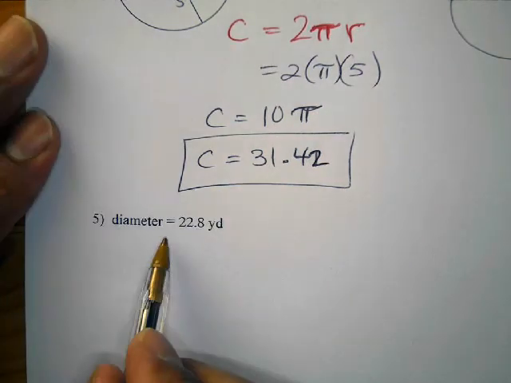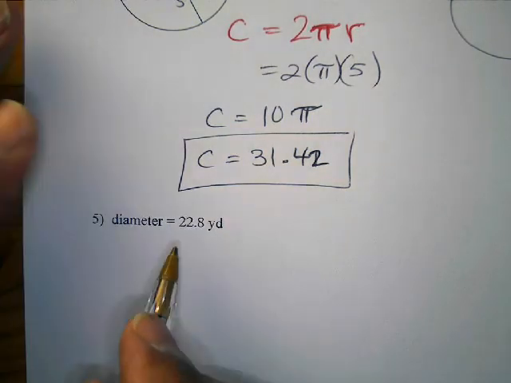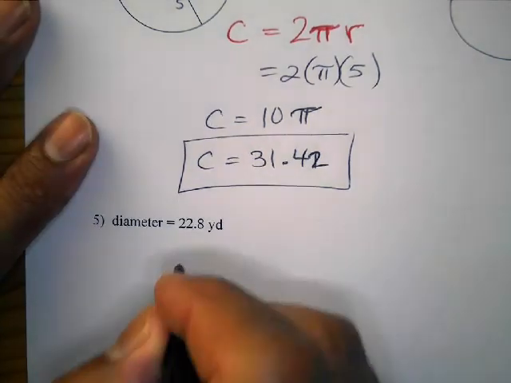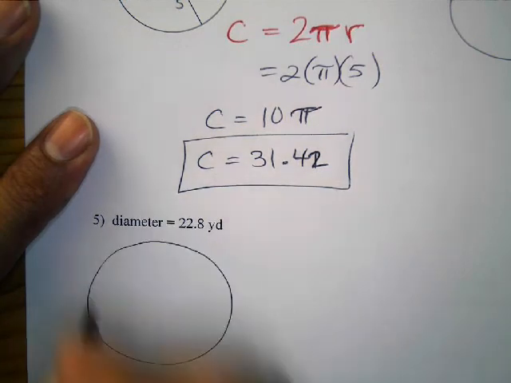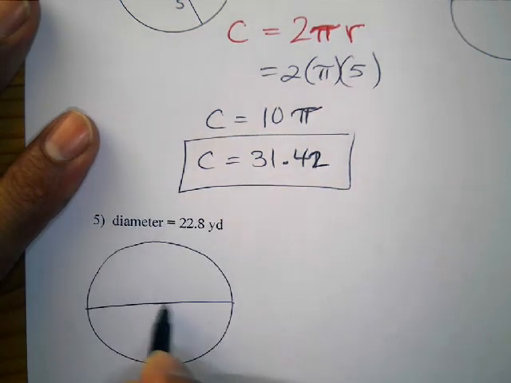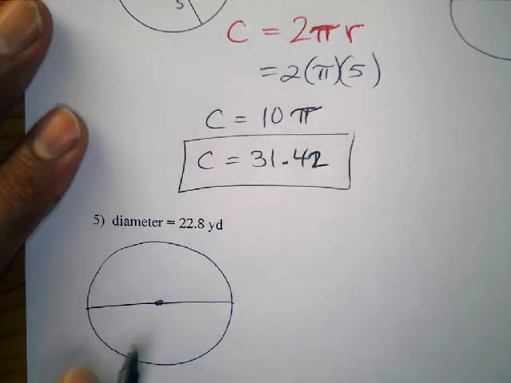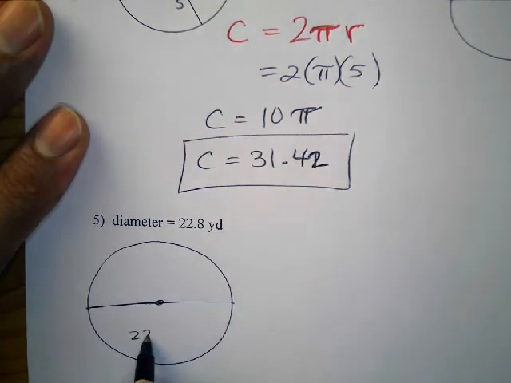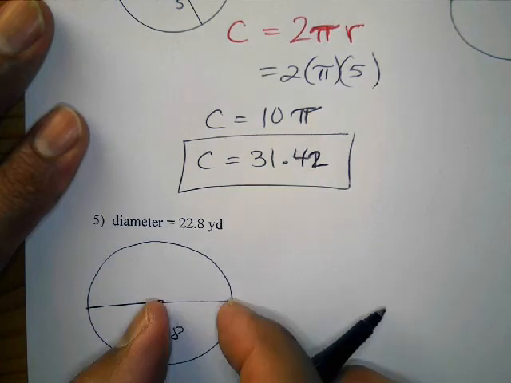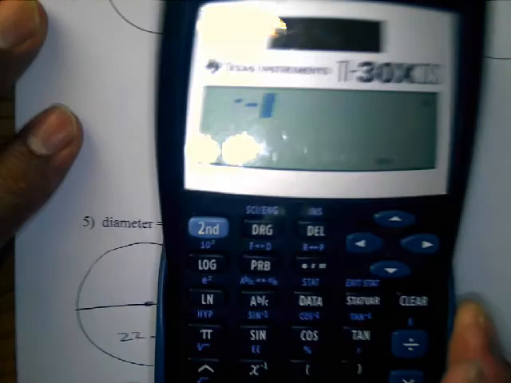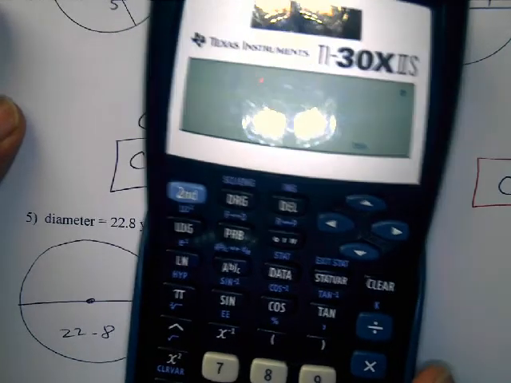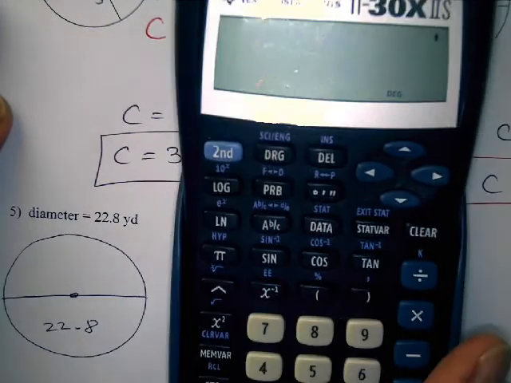Okay, last one. This one says diameter. You better not use diameter, right? Diameter is the whole thing. If you draw a circle, the diameter is the whole thing going across. I don't want the whole thing going across. So if the diameter is 22.8, what is half of it?